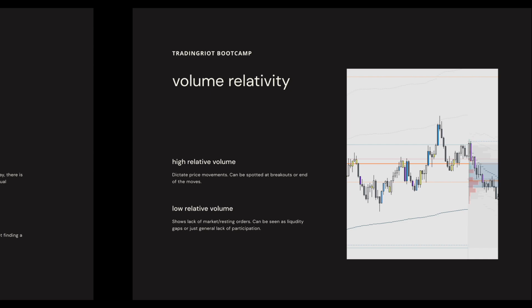I will show you this when we take a look at different platforms. You have a higher relative volume which dictates price movements and can be spotted at breakouts or at the end of moves, and you have a low relative volume that is shown as a lack of participation, and you can see that as liquidity gaps that get filled later on.